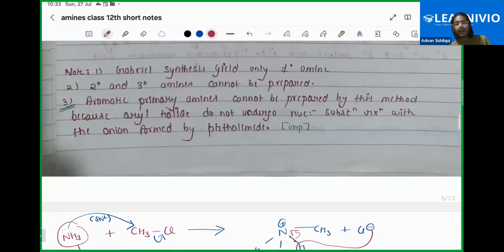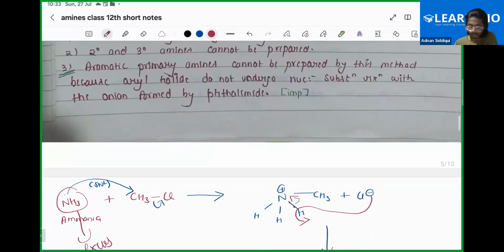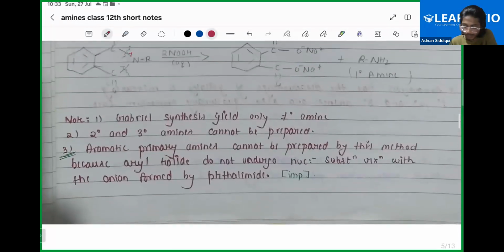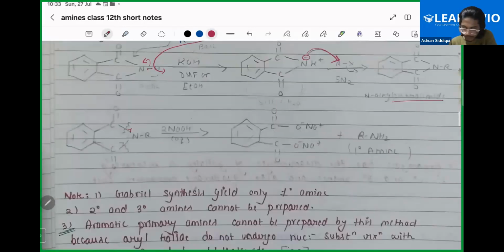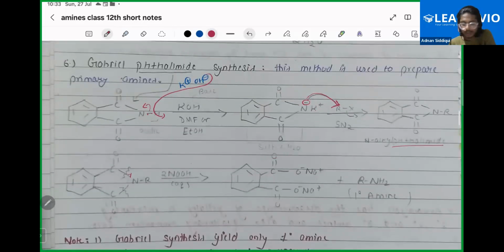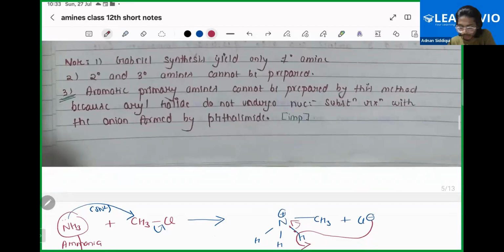One more thing, aromatic primary amines cannot be prepared by this method. Let us understand this. Suppose you have this, which is going to act as a nucleophile. Let me draw it over here.